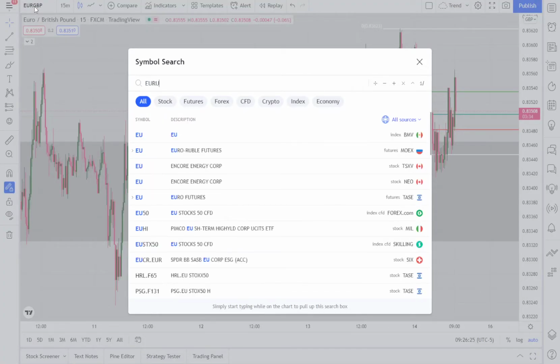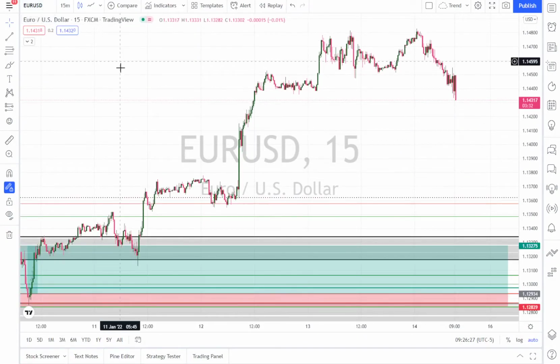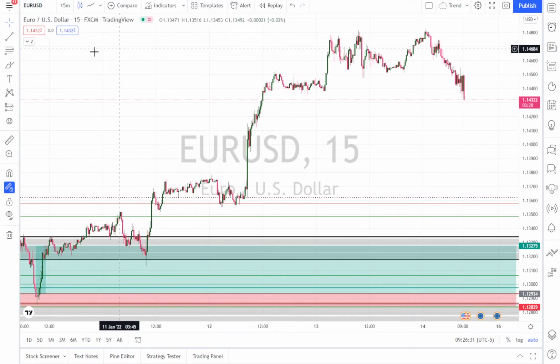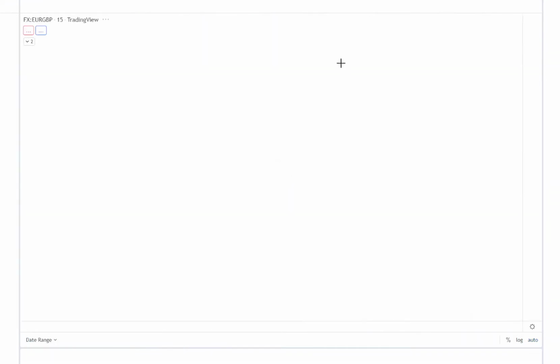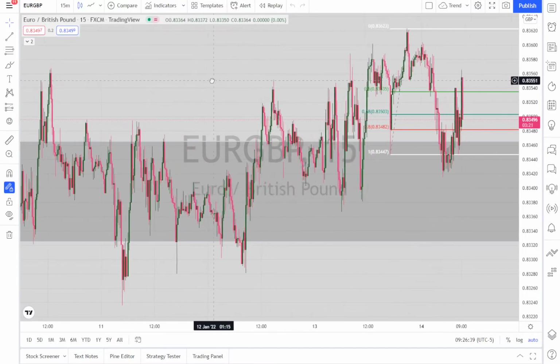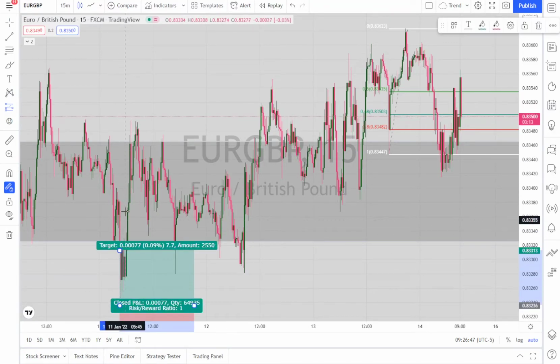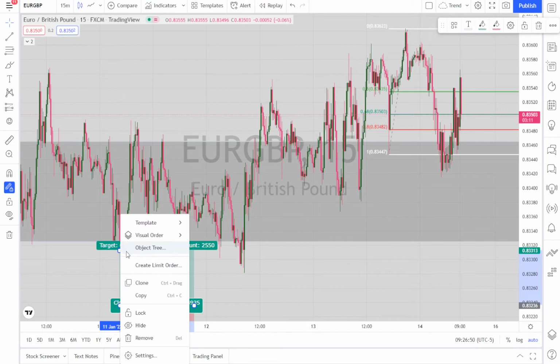Let me go to Euro USD. See if I can show you right here if we saw one. Let me just refresh this. I want to see if I could show you something worth watching. Okay, I see some right here. Like this right here, we have this level here. Oh, I did the wrong one, sorry.